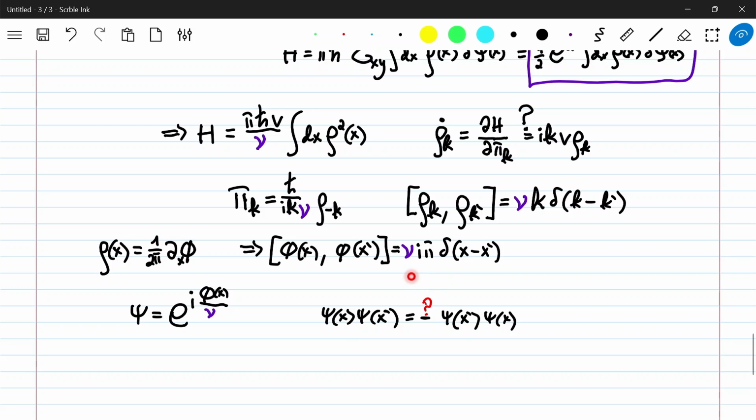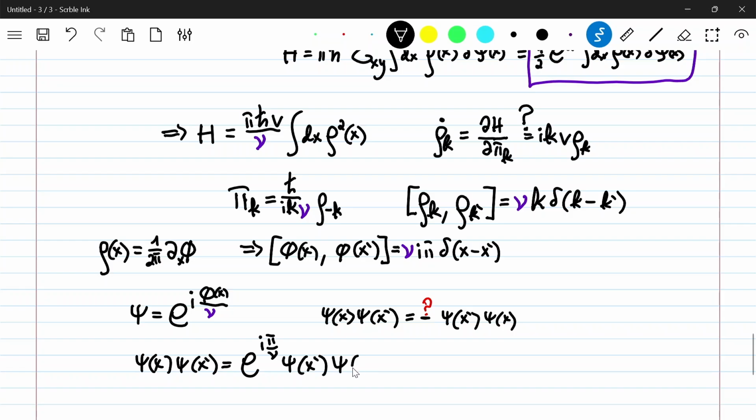And here it turns out that it cannot work for an arbitrary value of nu, because for a general nu, if I interchange psi of x and psi of x prime using this exponential form, what I'm going to get is a phase factor that depends on the fraction nu, given by e to the i pi over nu times psi of x prime psi of x.